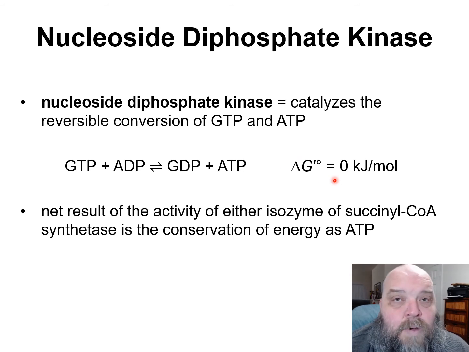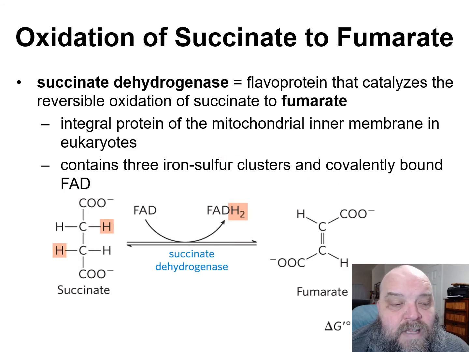It is both exergonic and endergonic at the same time, so they just say it's a push. So it's a net result of 0. It's neither exergonic nor endergonic totally. So the GTP, limited use. CTP, TTP, no use whatsoever.